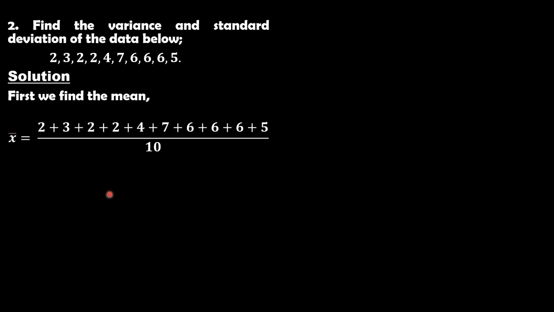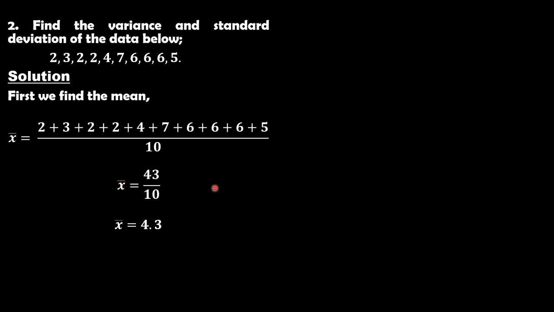That is the number of values in our data set. And that gives us 43 divided by 10, and the answer to that is 4.3. That means the mean of this data set is 4.3.